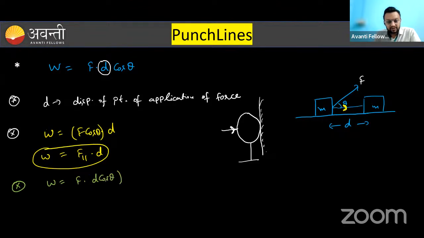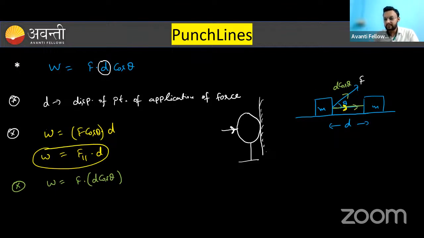If I take d cos theta, what is d cos theta? d is the displacement. This one is the displacement d. And if I take d cos theta, d cos theta is this. Do you know how to take components? Nothing wrong with that. I hope you all know how to take the components of the vectors, so I'm not wasting much time on that.